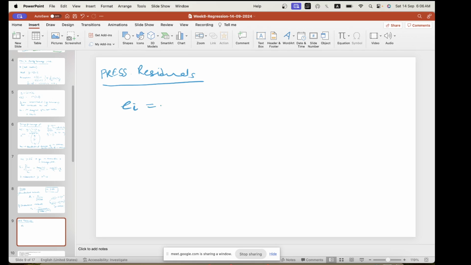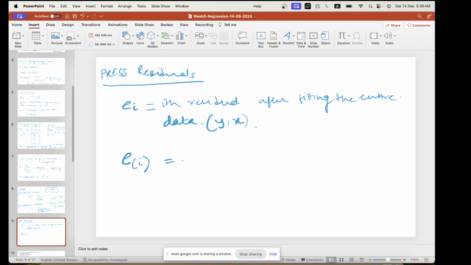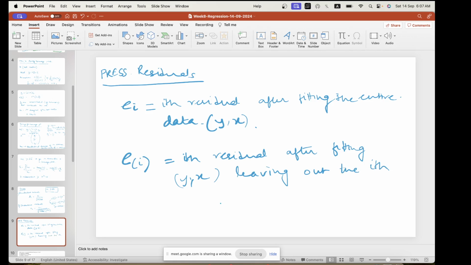So if Ei is the ith residual after fitting the entire data y x, then the press residual Ei is the ith residual after fitting y and x, leaving out the ith observation.